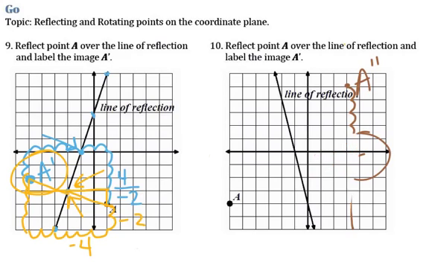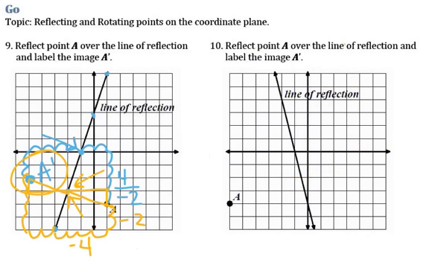I don't know what the difference would be if it's because this line has a negative slope instead of a positive slope. That negative slope means we have to do something differently. 1, 2, 1, 2, 1, 2. I don't know why I did that, but that looks a little better, doesn't it?